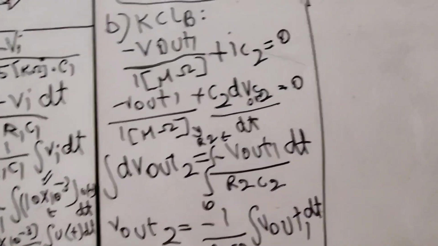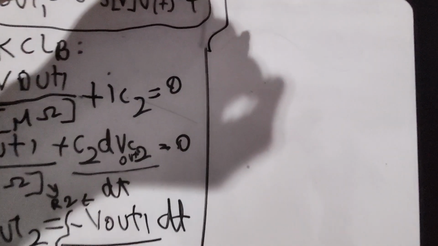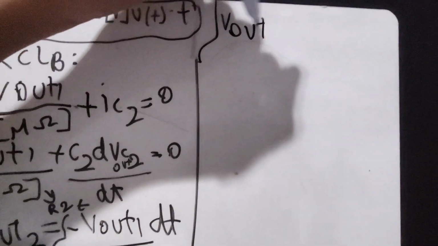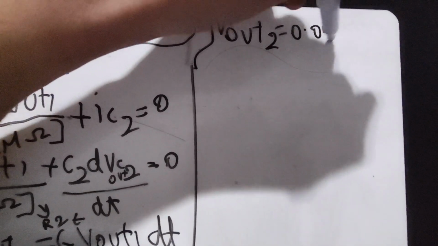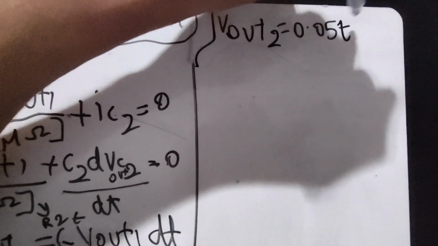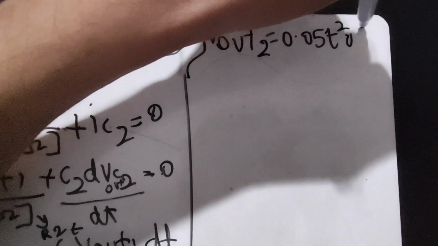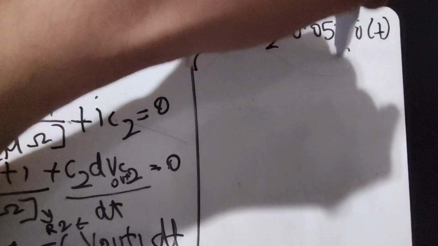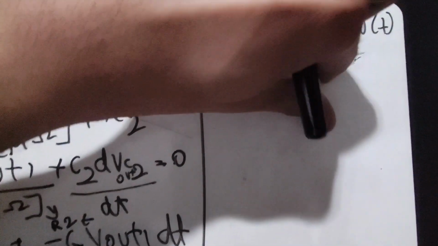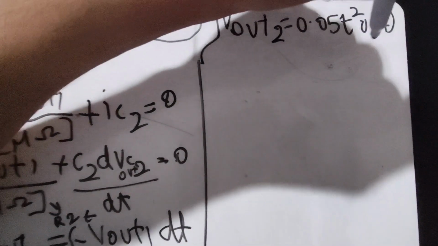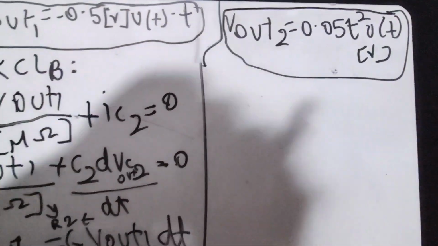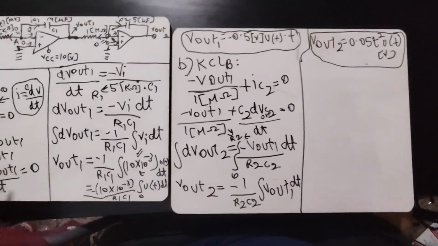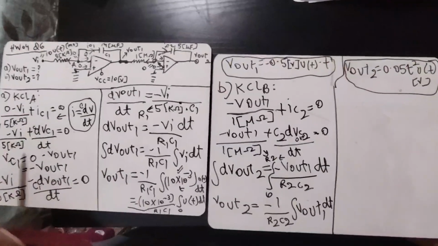If you solve all this, the final answer for Vout2 is 0.05 t squared U of t volts. That's how you do parts A and B. Thank you.